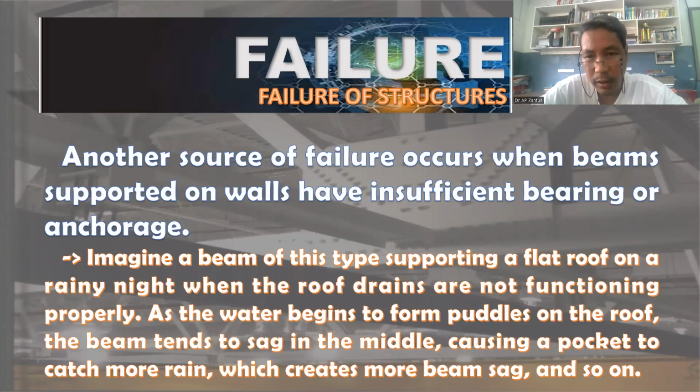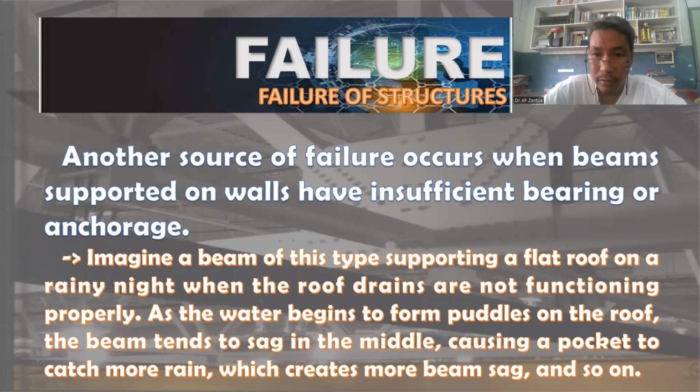Another source of failure occurs when beam supported walls have insufficient bearing or anchorage. Sufficient bearings on the walls. Imagine a beam of this type supporting a flat roof on a rainy night when the roof drains are not functioning properly. So, can you see the reasoning behind?